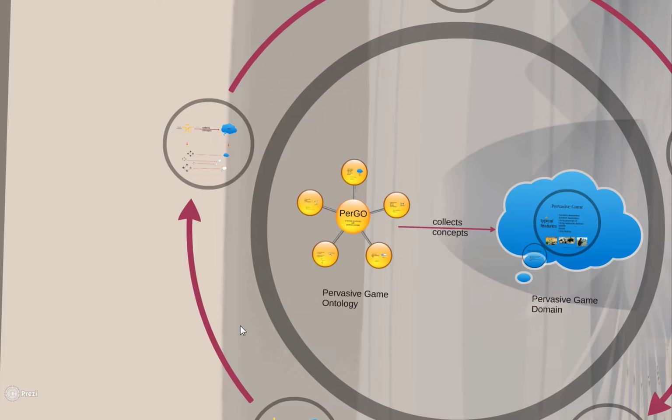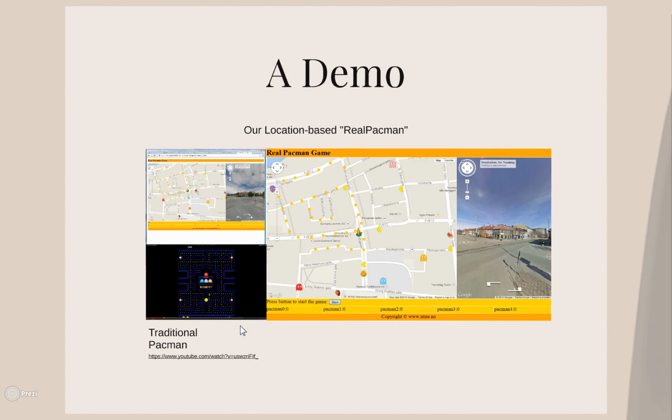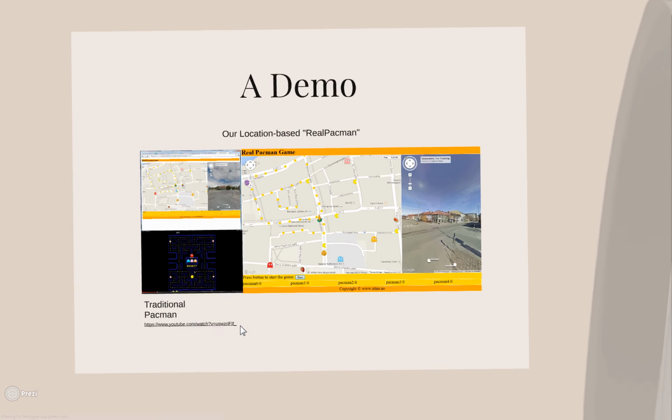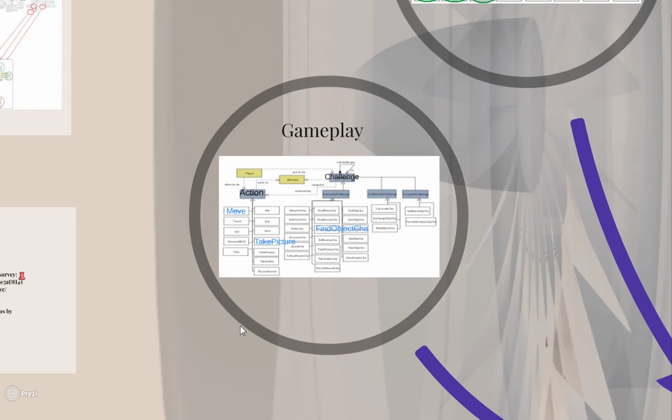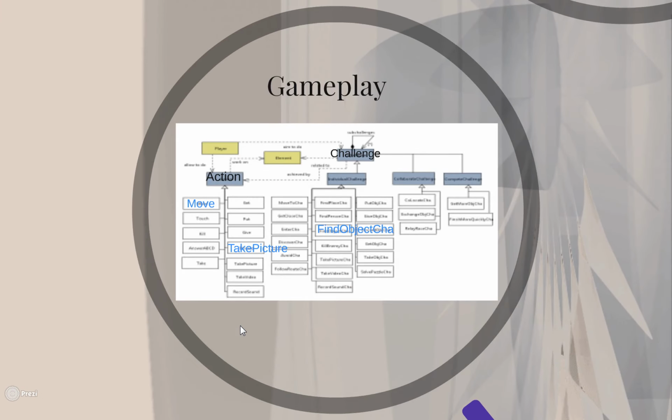If we revisit the previous demonstration of real Pac-Man games, we may be clearer about how PerGO helps us define the game's features for the tools. We go through the 6 perspectives of PerGO in sequence. In gameplay perspective, 2 groups of concepts are included: challenges, meaning what players need to do in the game, and actions, meaning what players are allowed to do to overcome the challenges.